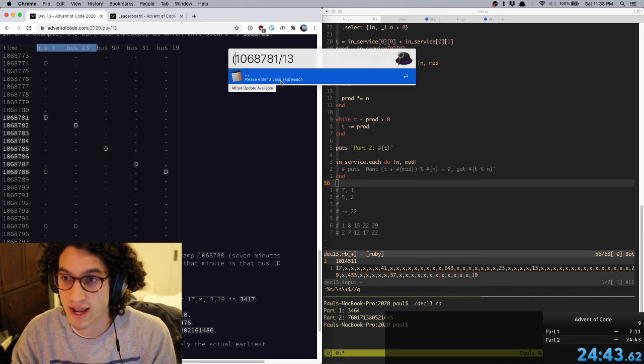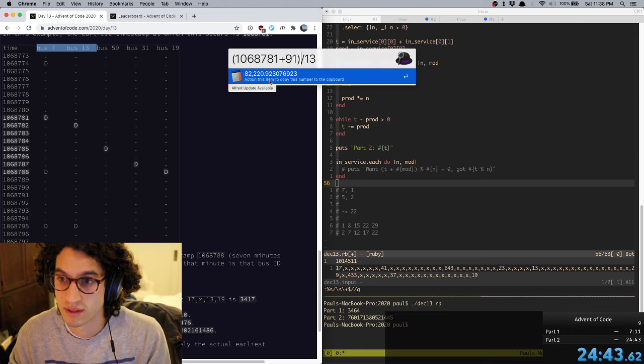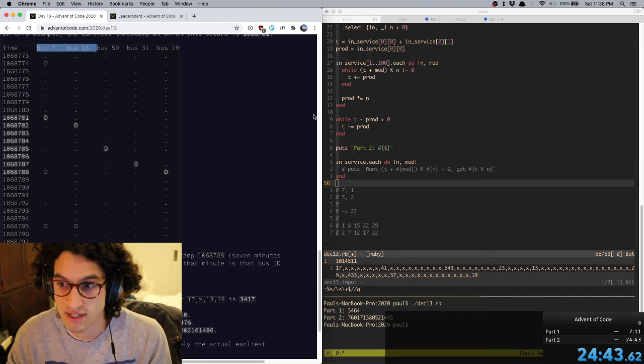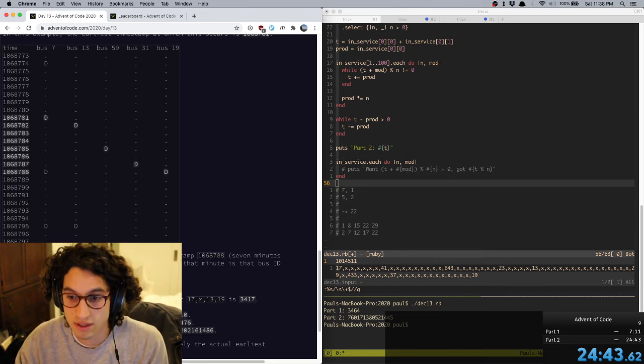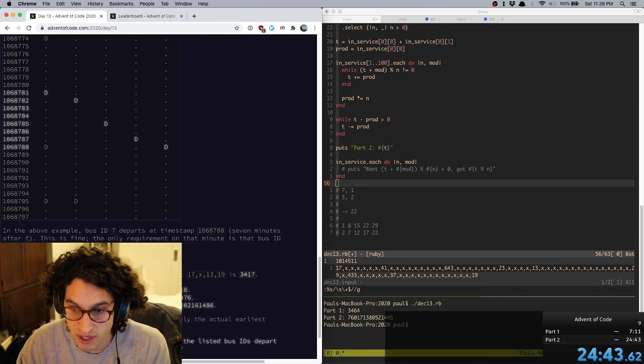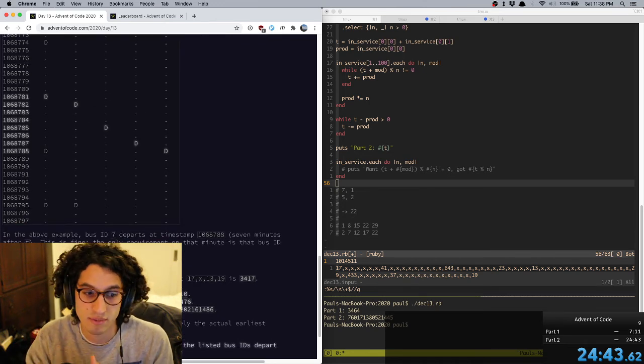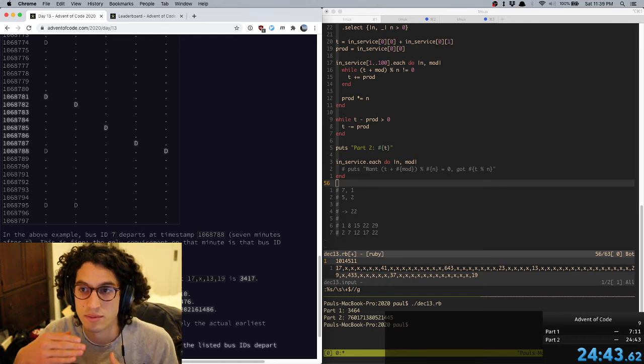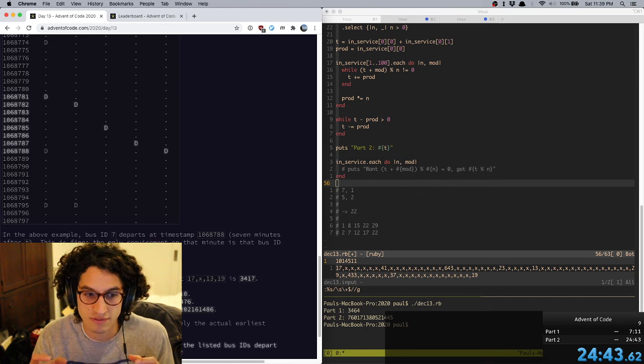So the next time that happens is plus 91, where you still get 0.92 and 7 still evenly divides it. So we need to get to this super high number, but the idea is that we can move along in big strides the more numbers that we've locked in.